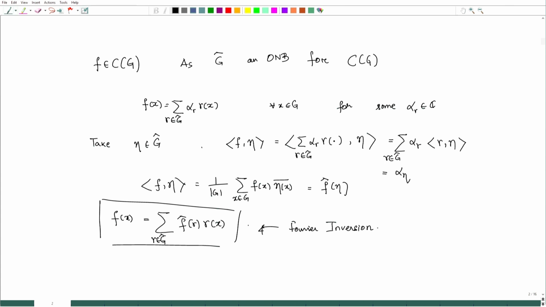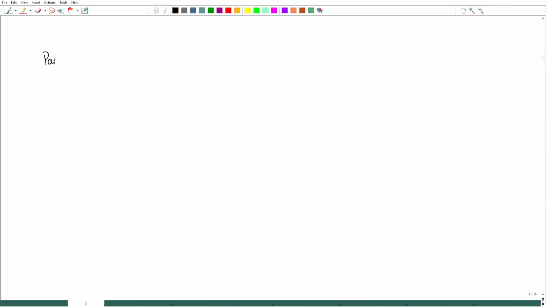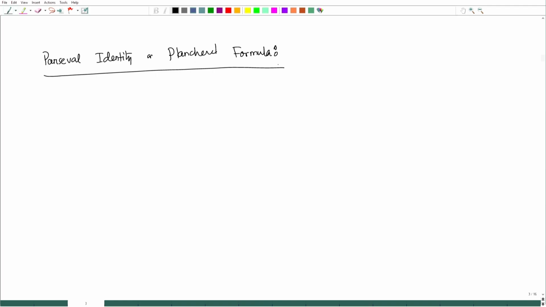Now, another important thing in the Fourier series course is to get the Parseval identity or the Plancherel formula.